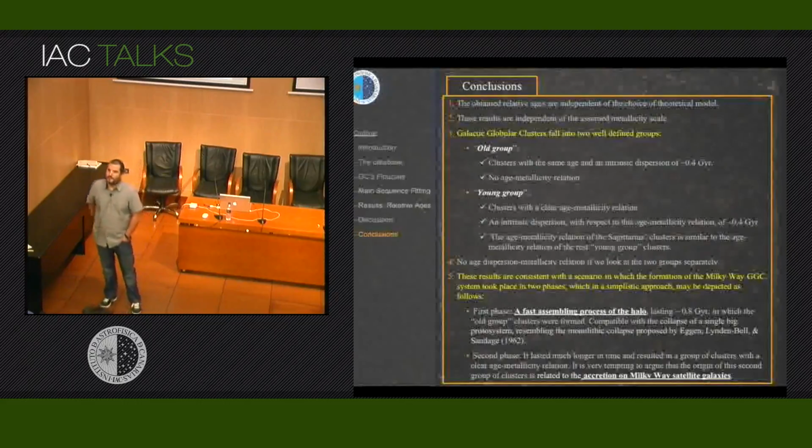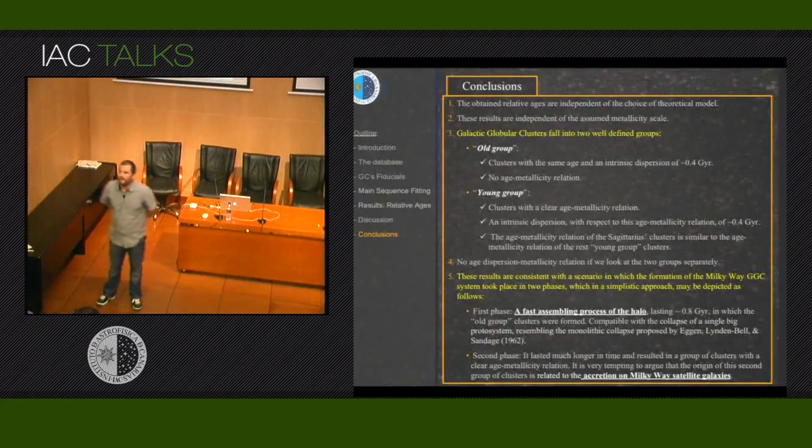According to your conclusions, it looks like your favorite scenario is the monolithic collapse for the large amount of old clusters you are obtaining, and then some sort of accretion, which is creating these younger clusters. Okay, I'm pretty happy with this anyway.